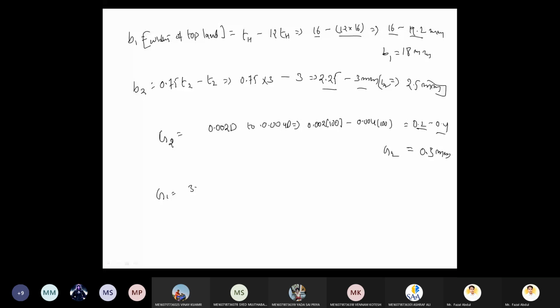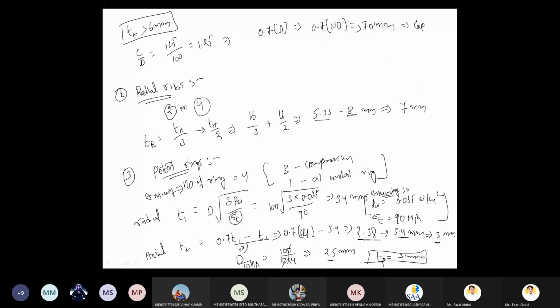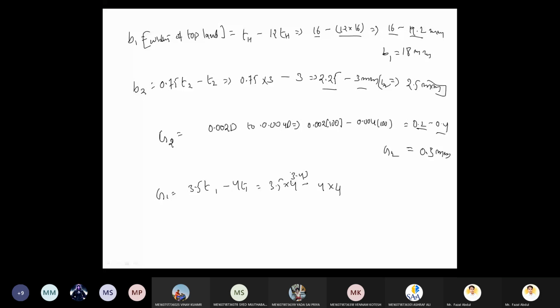T1 is 3.4, so 3.5 into 3.4 is 11.9, and 4 into 3.4 is 13.6 mm.